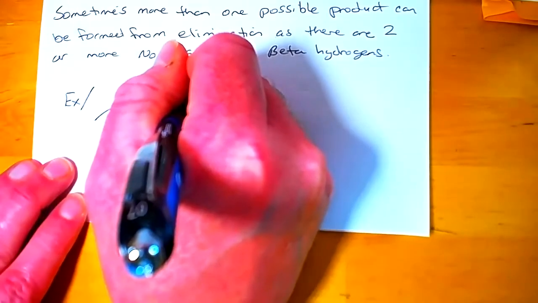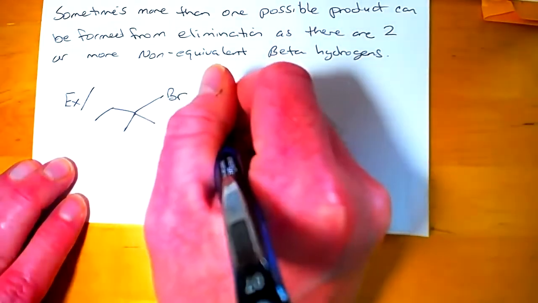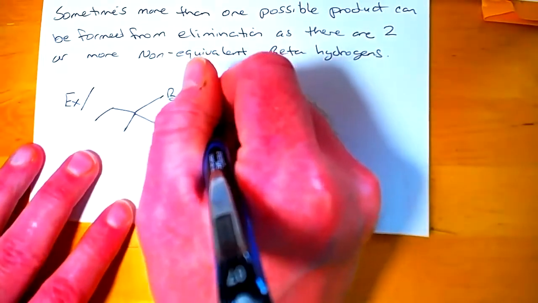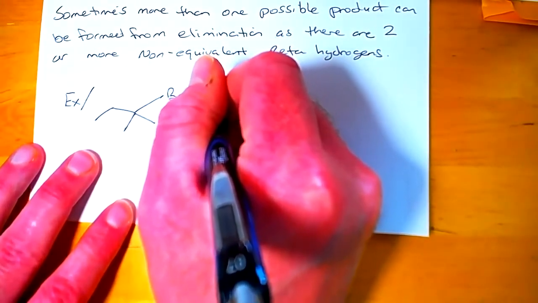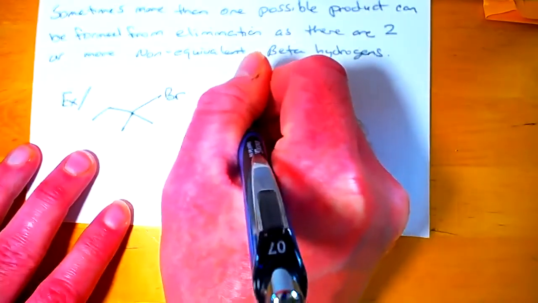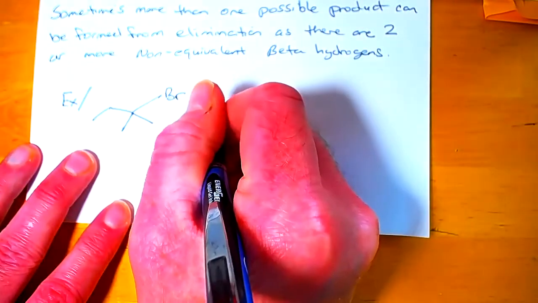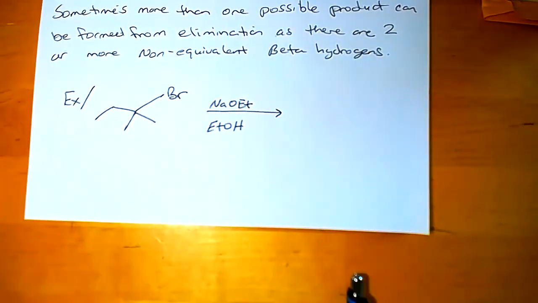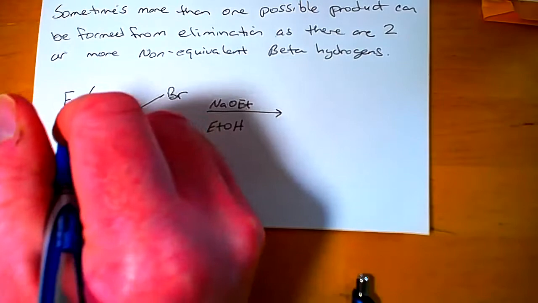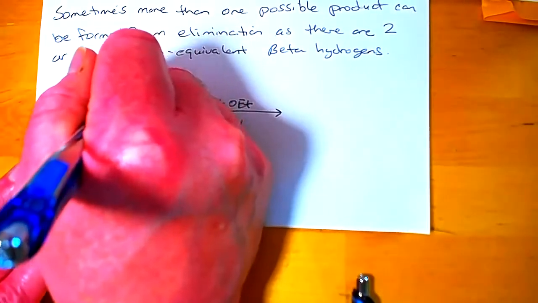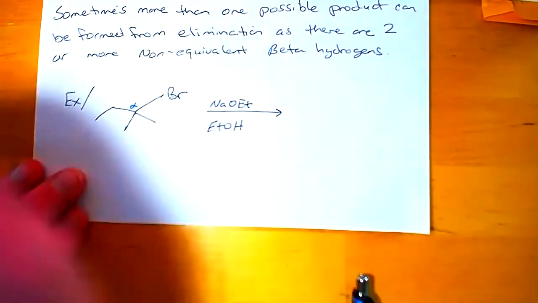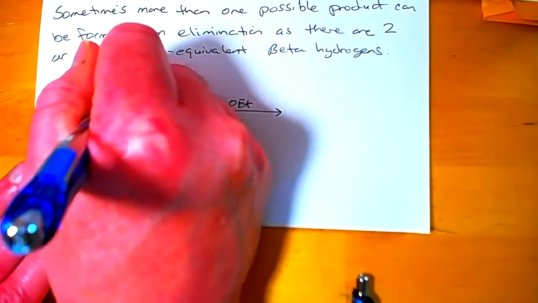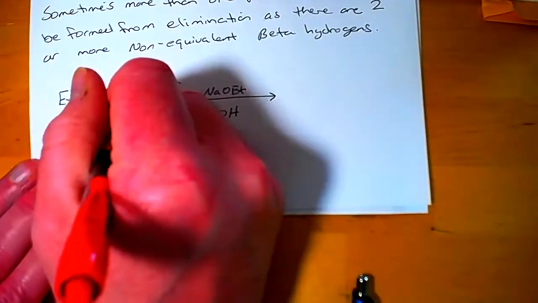if we were looking at something like this, and we were to treat this with sodium ethoxide in ethanol, we'll talk about that in just a minute. One thing to note here is, if this is the alpha carbon, you have beta carbons here and here and here.